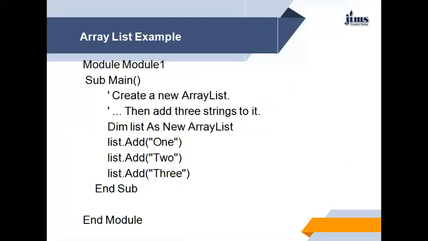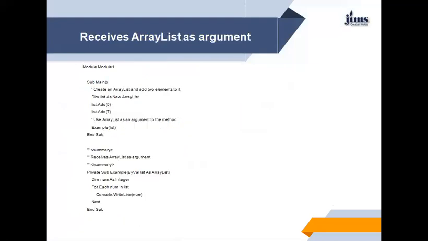So here you see Dim list As New ArrayList, list.Add(1). With the help of this Add method, you can add an element to the list. End Sub, End Module. Now see the example; the font is somehow small, so let's see.